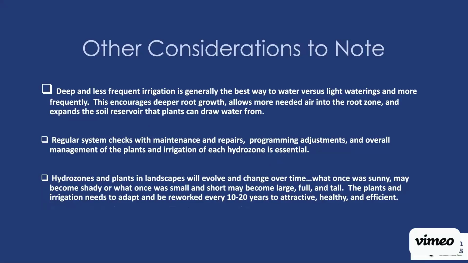Deep and less frequent irrigation, you all have probably heard this, is better than light waterings. It will encourage deeper root growth, get more air and water into the root zone, and expand the soil reservoir. So those plants are going deeper, or as deep as they can, to get water out of the soil. And that's what you get when you water deeply and less frequently.